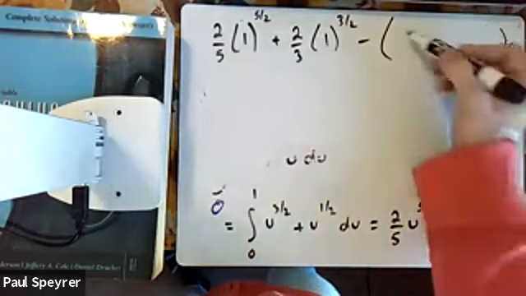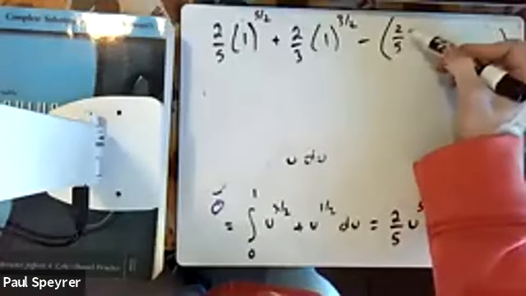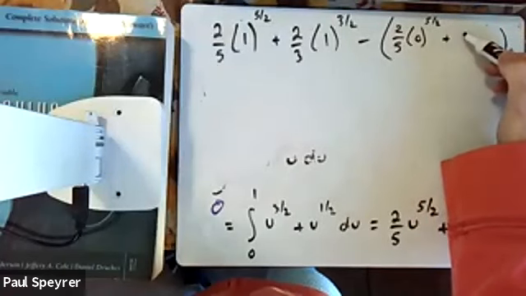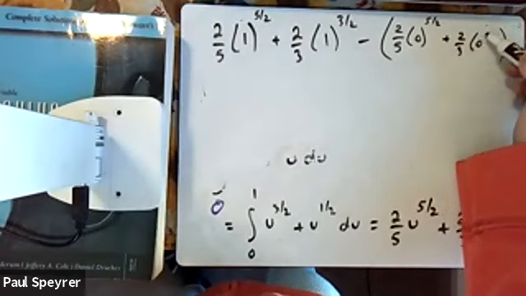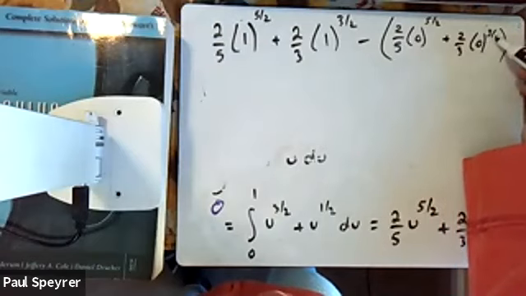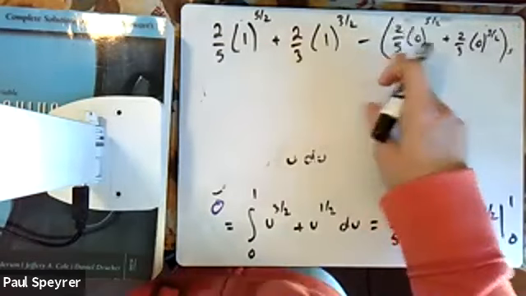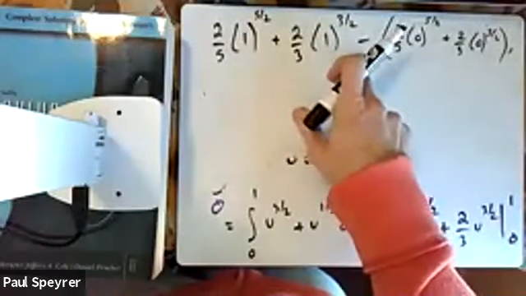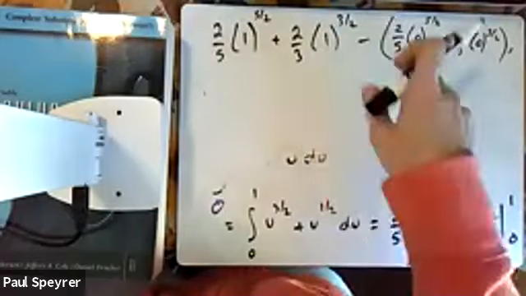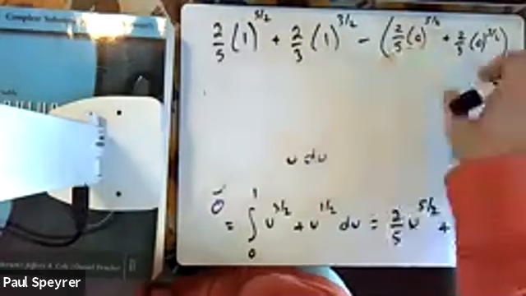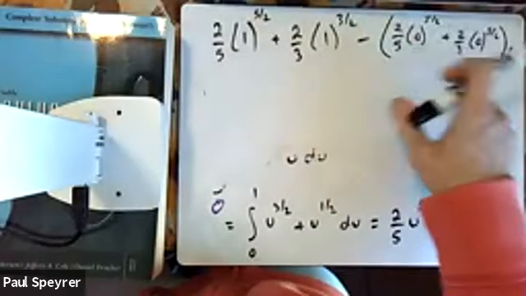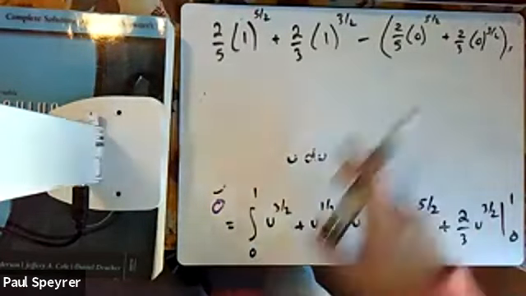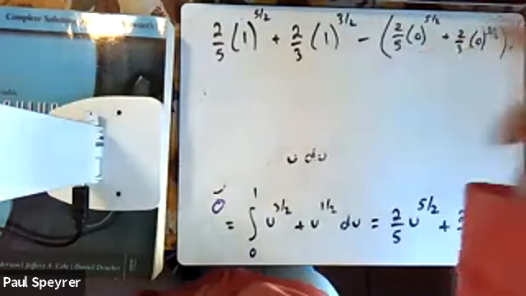But that again is just 2/5 times 0, which is 0, plus 2/3 times 0 to the 3/2, which is also 0. But make sure you subtract the entire bottom limit. It's important to keep the parentheses, to signify that I need to apply that negative to everything right here, not just the first term. It wasn't important for this one because they were all zeros, but if this bottom limit wasn't 0, these values would definitely make a difference.